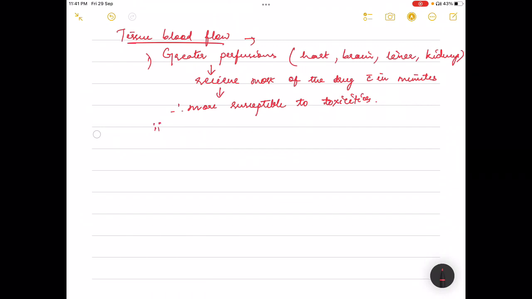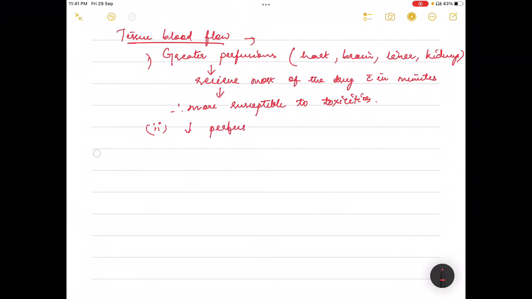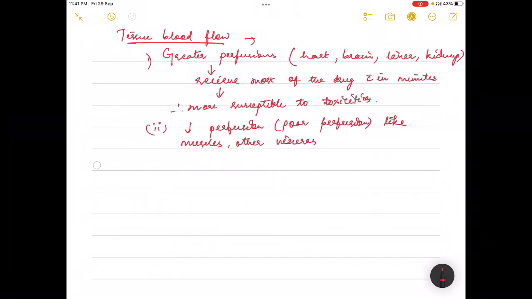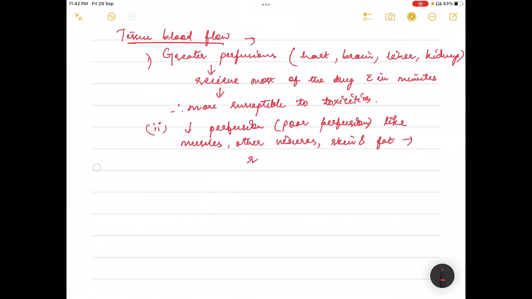Now, the ones with less perfusion or poor perfusion, like muscles, other viscera, skin, and fat, receive the drug slowly.